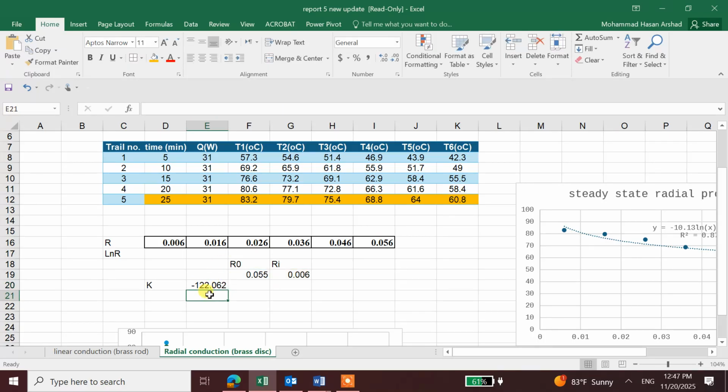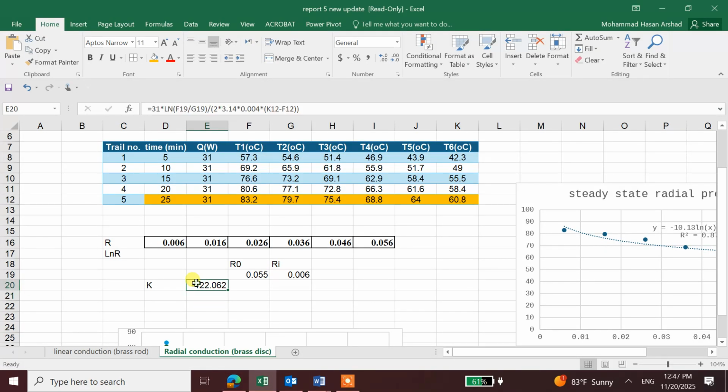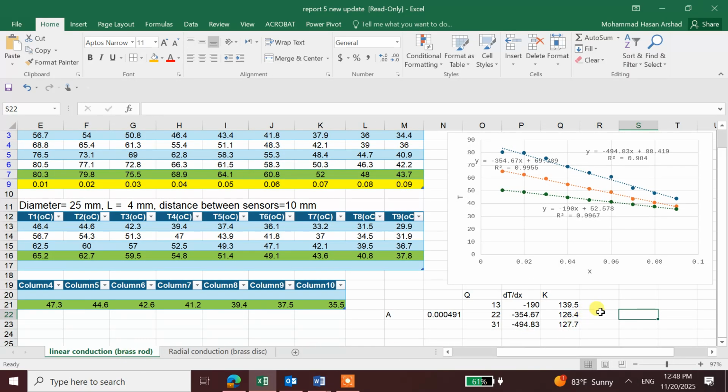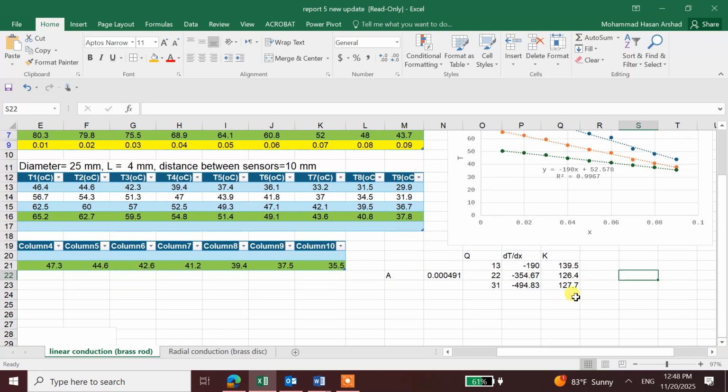It gives you a minus; I missed the minus here, so the equation should use minus. Now I got 122. If you have more than one data point, you can do this for different values of Q. So I got 122 from radial.